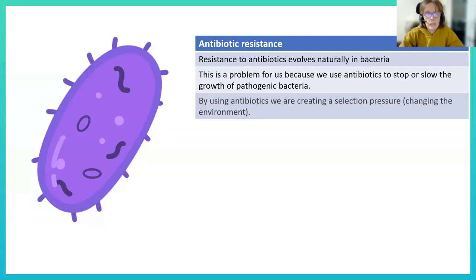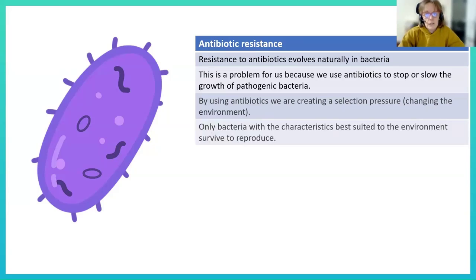And when we get sick and we treat it with an antibiotic, we're actually creating a selection pressure, which means we're weeding out the bacteria that are going to die from that antibiotic, but allowing a very few that might survive that antibiotic and then produce more offspring that will survive that antibiotic.